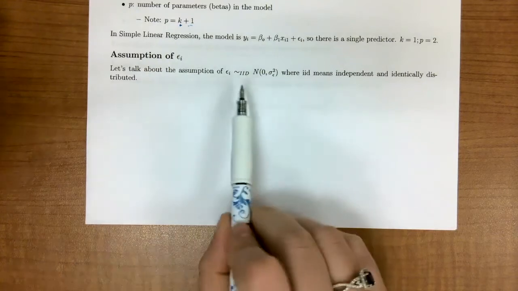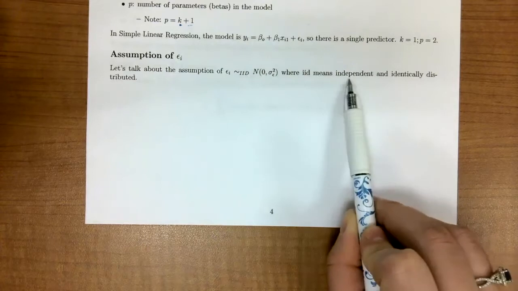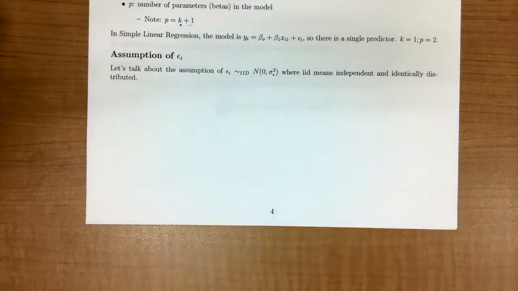For those that didn't take Stat 5615 or need a little refresher, IID stands for independent and identically distributed. Independent means that one observation isn't going to have an impact on the next. So there's no correlation structure in our data. So if I go out and I pick up a fish, the next fish I pick up does not depend in any way on me picking that first fish.